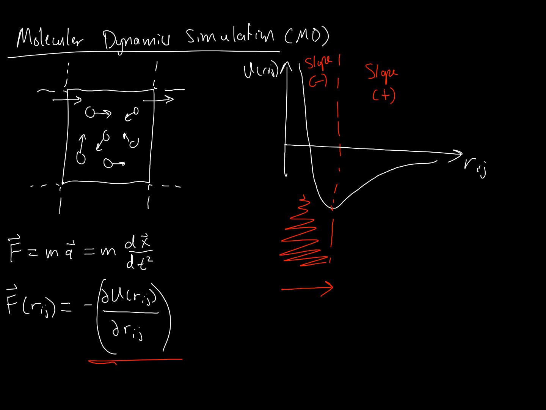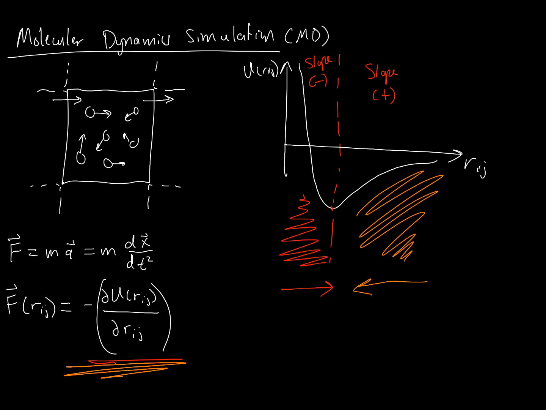So your force is in the positive Rij direction. In the farther separation region here, your force is in the negative r direction, and you have a positive slope, and that's exactly what we get out of this force equation here. So the negative sign is there to make everything work out. So it's pushing and pulling in the right directions.